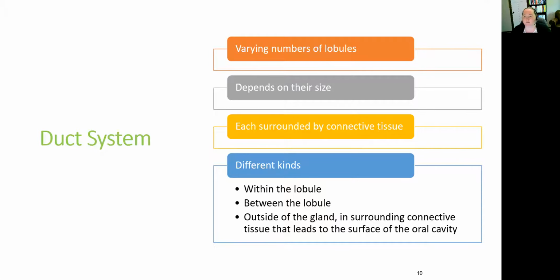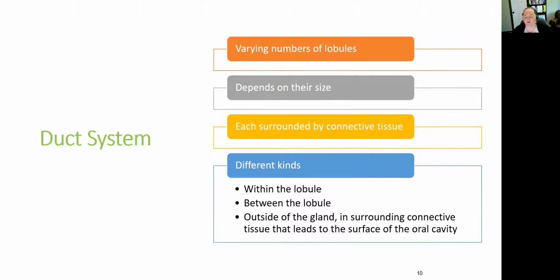The duct system: there is a varying number of lobules, depending on their size. Each is surrounded by connective tissue. There are different kinds. We have some that are in the lobule, so would that be intra or inter? Intra. Okay, if it's within something, it's intra. And between lobules, it would be interlobular.